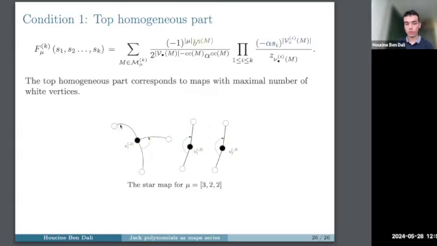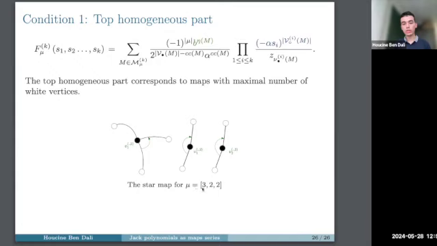So in other terms, all white vertices should be leaves, or white vertices of degree 1. And this corresponds to these star maps, which are centered on black vertices, and all the leaves are white.